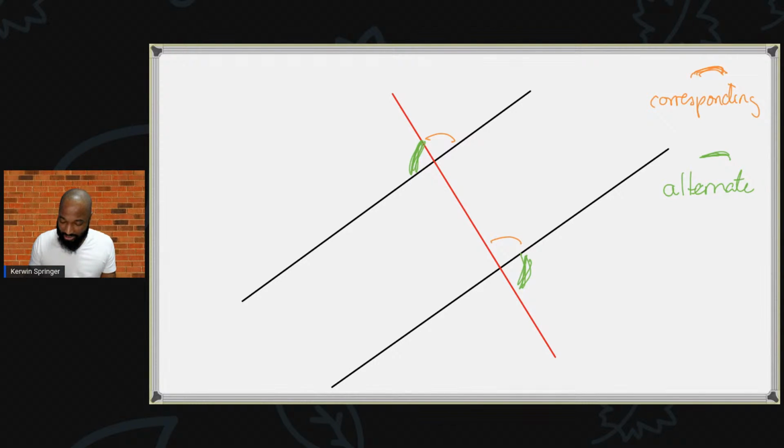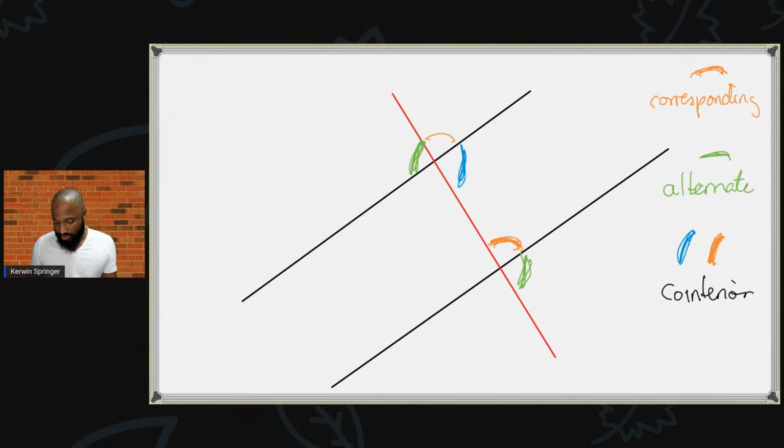Now, if I did a setup like this, blue, you all see those colors, right? The blue and back to the orange. So the blue and the orange, this orange here, as a matter of fact, let me darken him. That orange, we call those co-interior. And co-interior angles add up to 180 degrees.